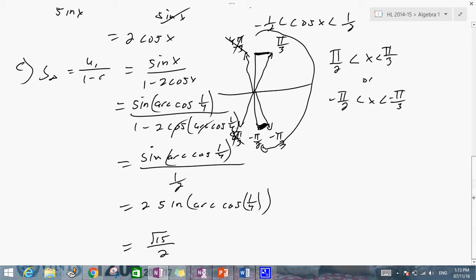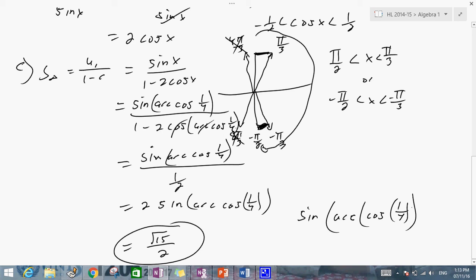And to be cheeky, well, we realize that our final answer is going to be this, and therefore you could figure out what sine arc cosine of 1/4 is equal to without actually even thinking. Because it has to equal root 15 over 4.